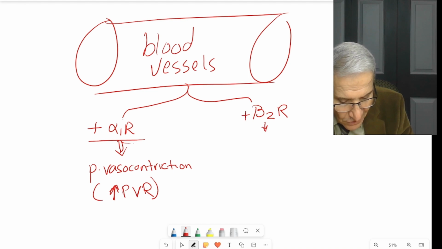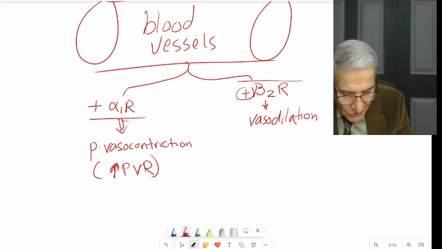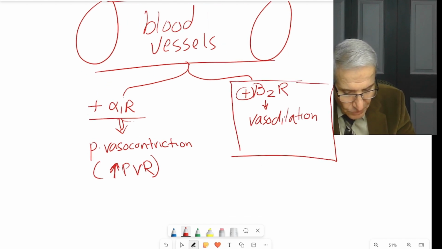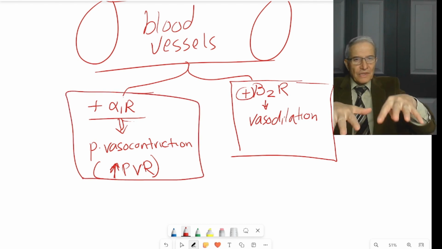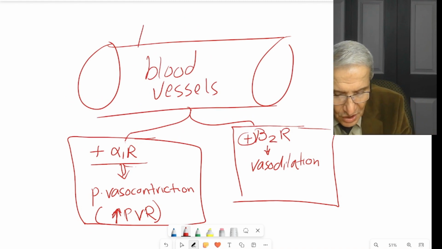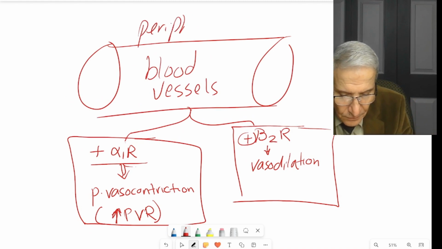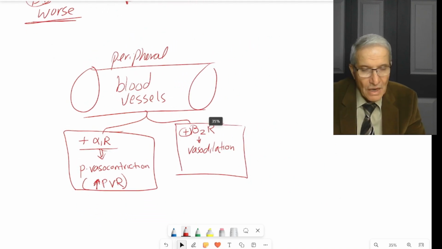If you stimulate beta 2, the result will be vasodilation. So we have a balance, like a scale, between alpha 1 and beta 2 in the peripheral blood vessels.